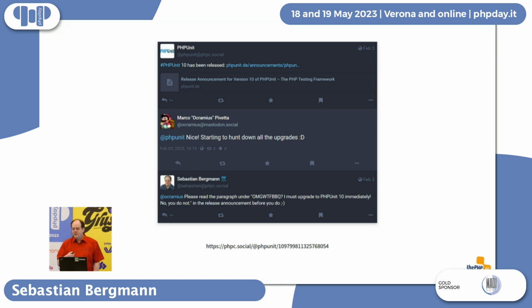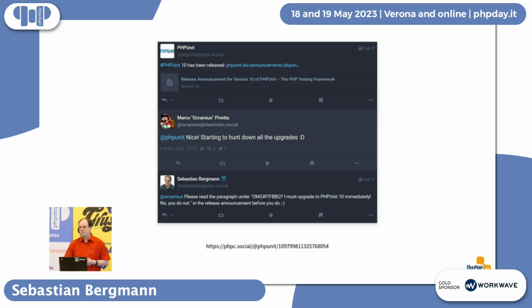So the point of this being, just because there is a new version, or especially a new major version of something like PHPUnit, does not mean that you must upgrade to it immediately. It does not mean that the version that you are using right now suddenly stops working. It hopefully does not, and it didn't, right?